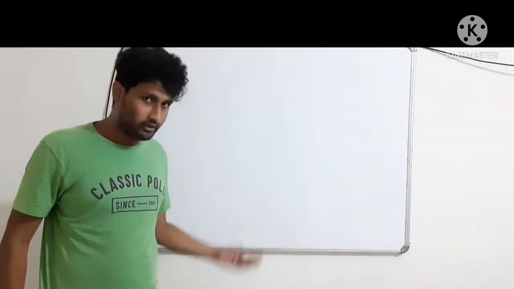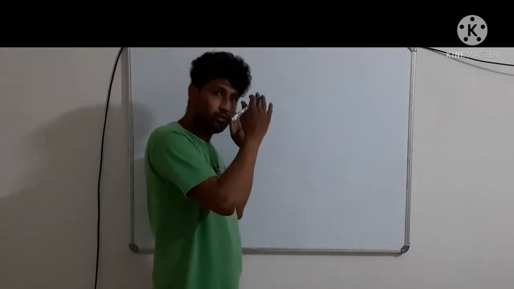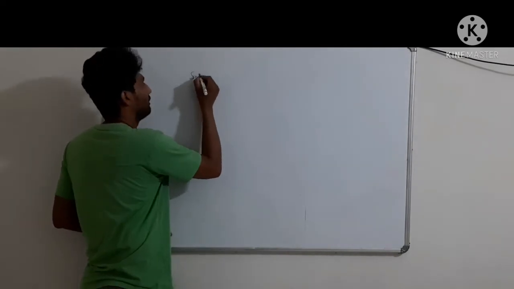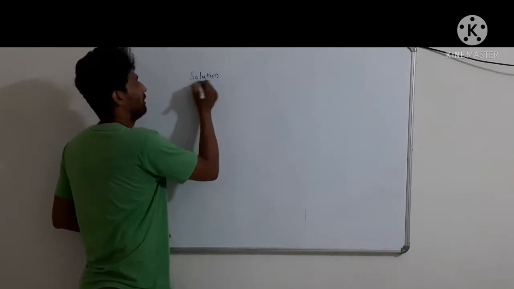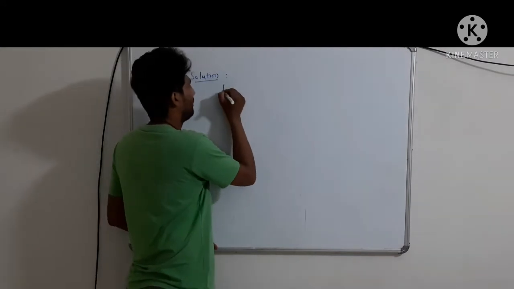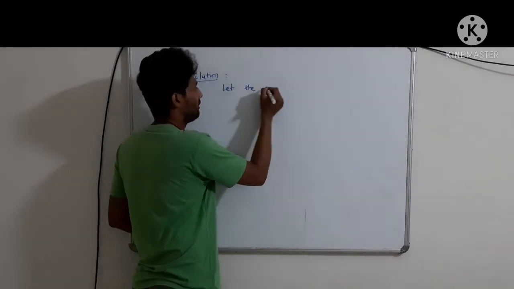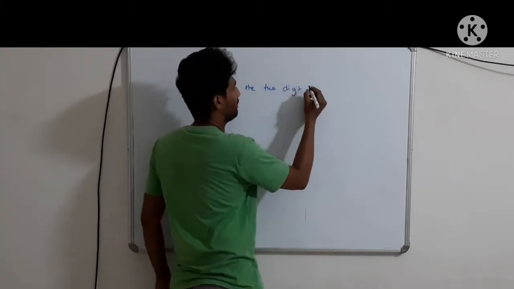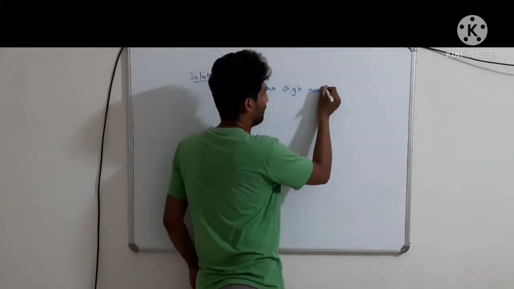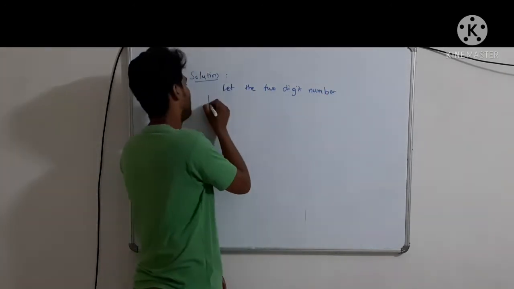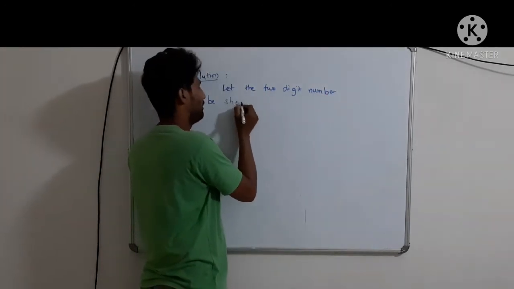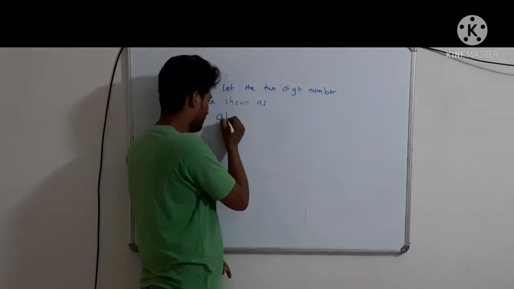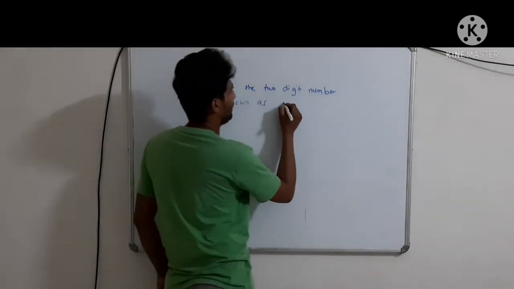So now we have already seen the proof, but I just want you to write it down in a systematic way. So solution: let the 2-digit number be shown as AB.